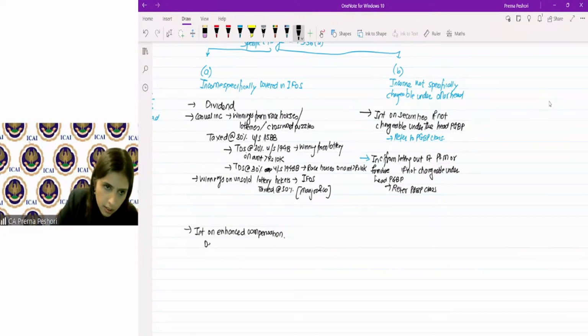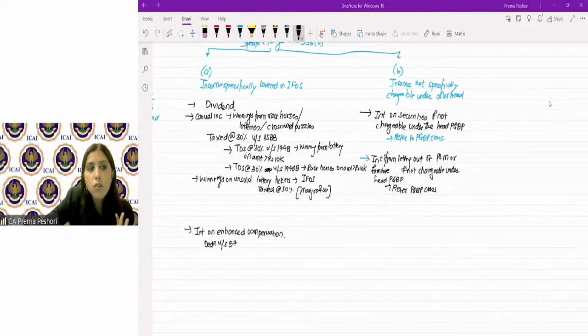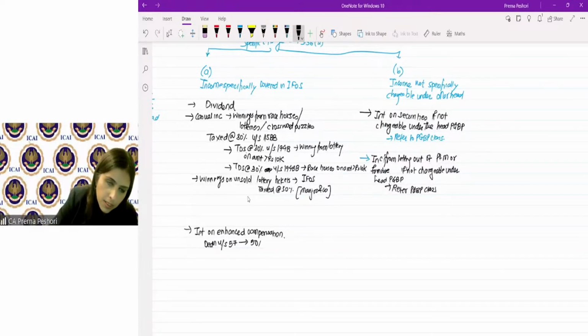Here you get deduction under section 57. So the deduction under 57 is 50% of the compensation interest amount. 50% of the interest amount you get as the deduction here in the other sources. So deduction under 57, 50% of interest.